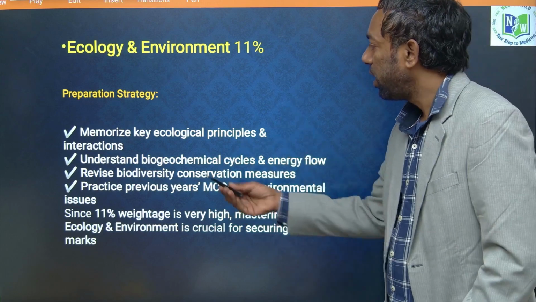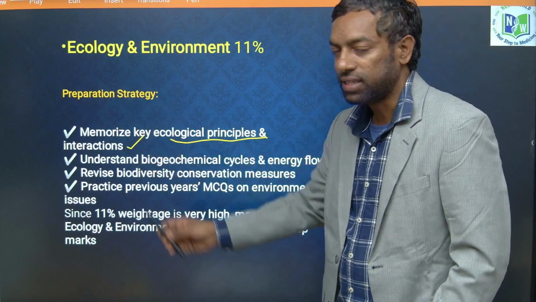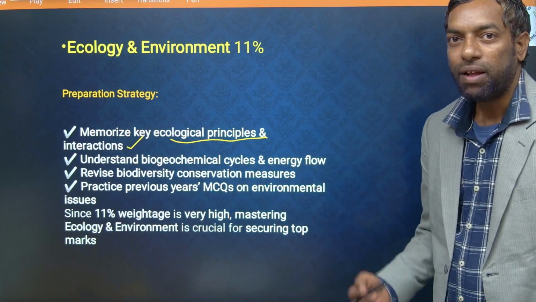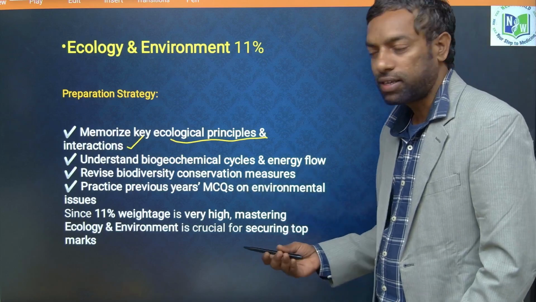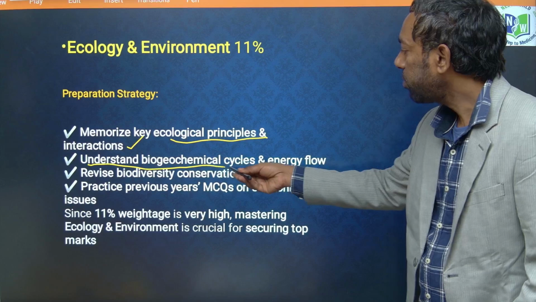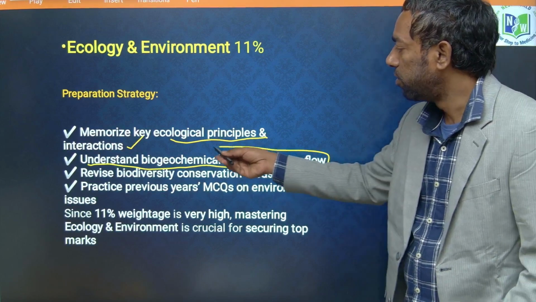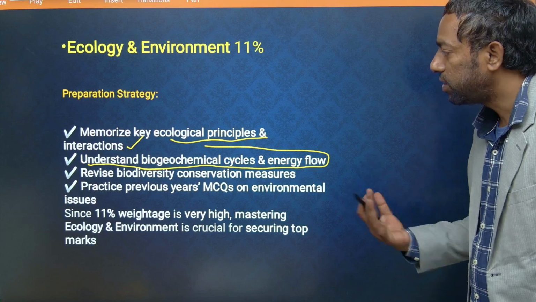So in that way, the key areas are ecology principles and interactions, population interactions. Okay, where are the levels, trophic levels, and ecological succession, like that. Understanding is important, guys. Cycles and energy flow, biogeochemical cycles, carbon cycle. Okay, these kinds of cycles are important.